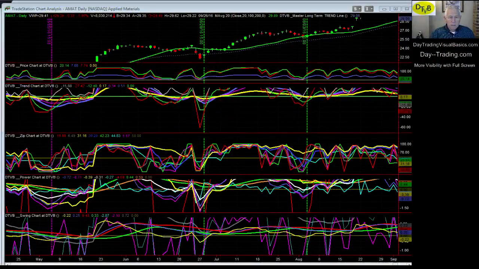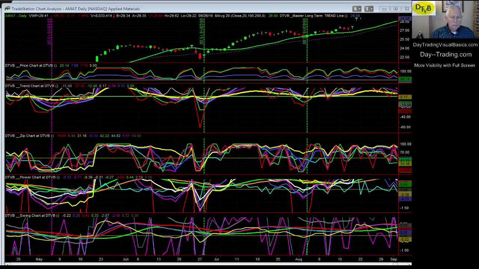So there's lots of different methods and ways that we can deal with patterns, and I've got to point out, here's two other ones that I drew up. I forgot about these. I'm in AMAT, A-M-A-T.